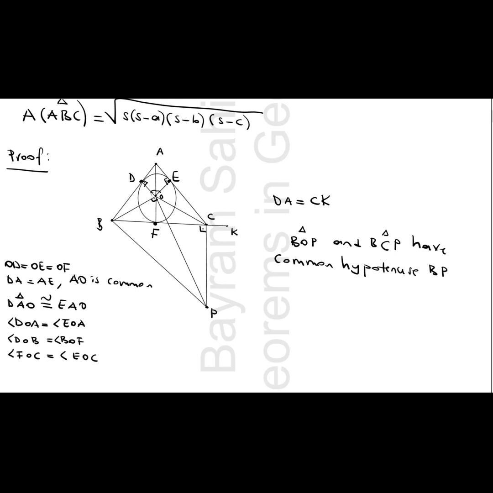So that's why we can say BOP and BCP are inscribed angles in a circle whose diameter is BP.